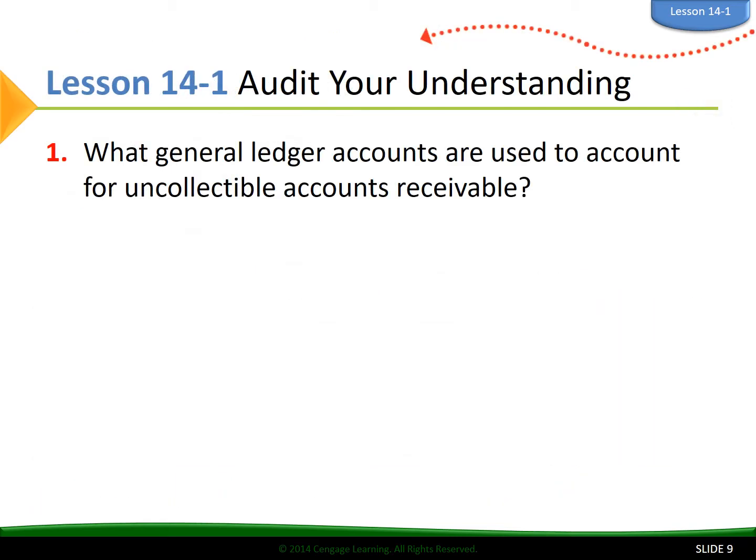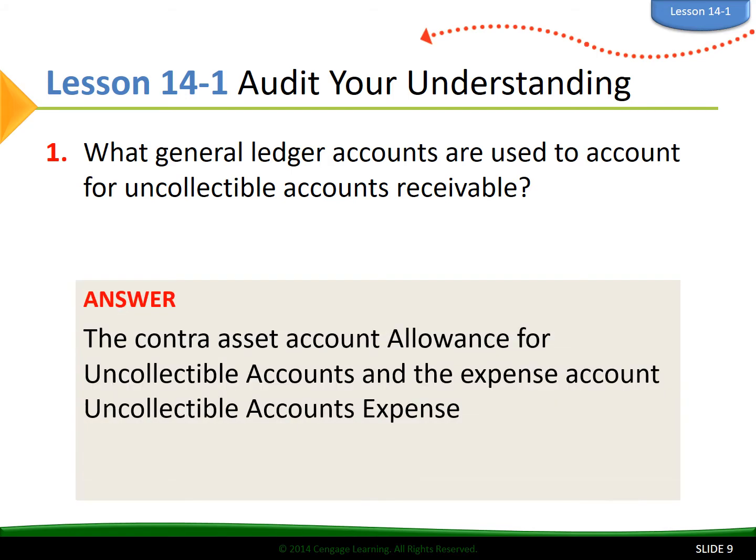We're just about at the end of section 1. So here are the end of section review questions. What general ledger accounts are used to account for uncollectible accounts receivable? These are the contra asset account allowance for uncollectible accounts and the expense account uncollectible accounts expense.